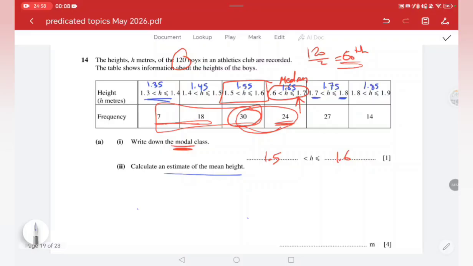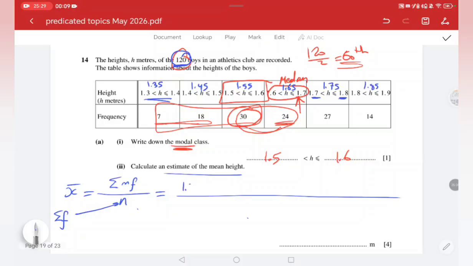Now the mean equals the sum of the middle value times the frequency, divided by n. N is given as 120, but if n is not given, you can take the sum of f.